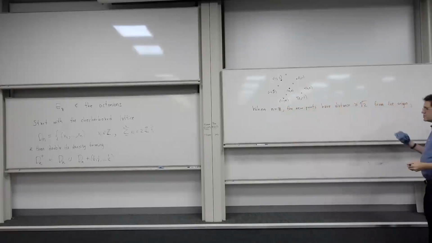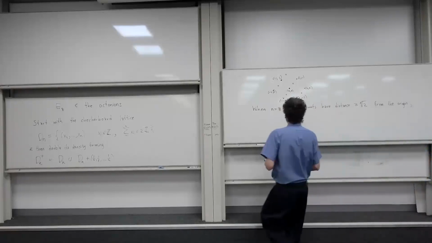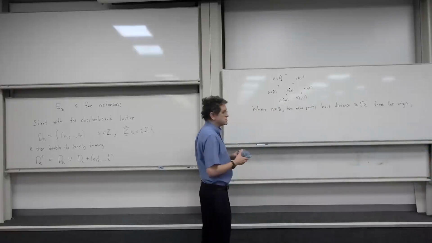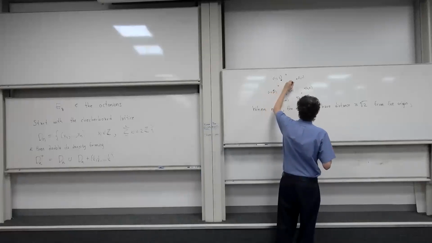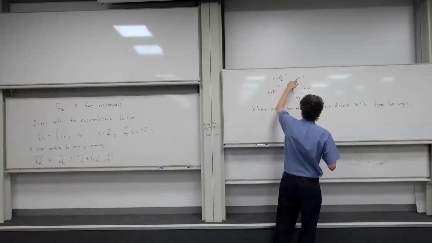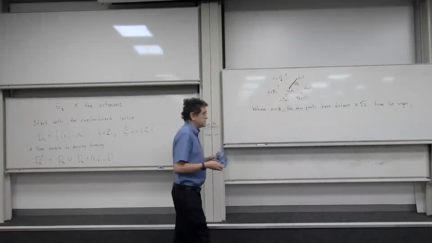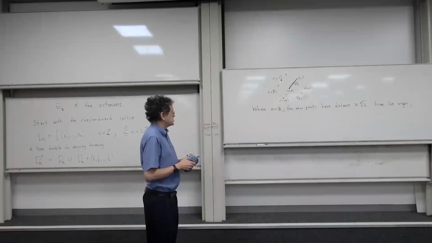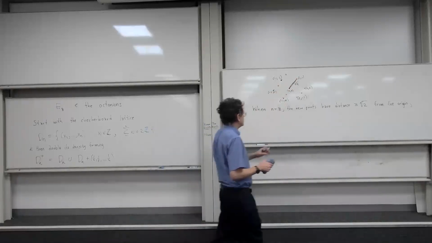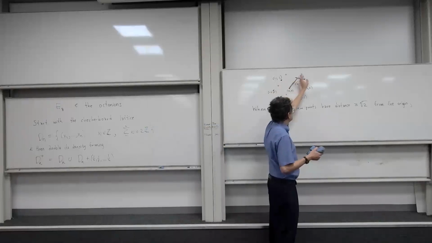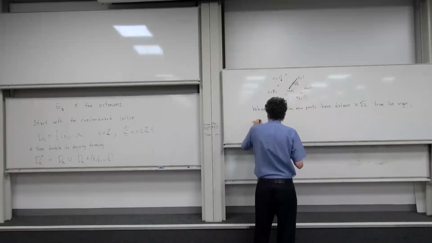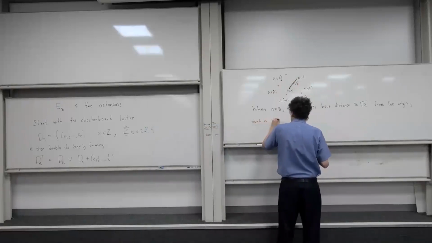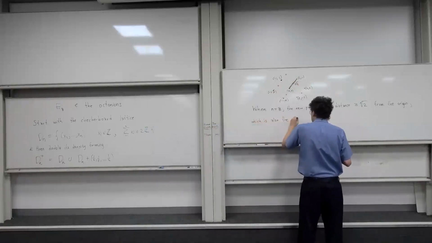I'll show you why in a second, but what's the point about the square root of 2? Well, that's just the distance of the closest old point. So the distance between this and this point here that was already in the D_n lattice, that's already square root of 2. The closest points to the origin in the D_n lattice are distance square root of 2 away from it, because the closest you can get is have 2 ones and the rest of them be 0s.